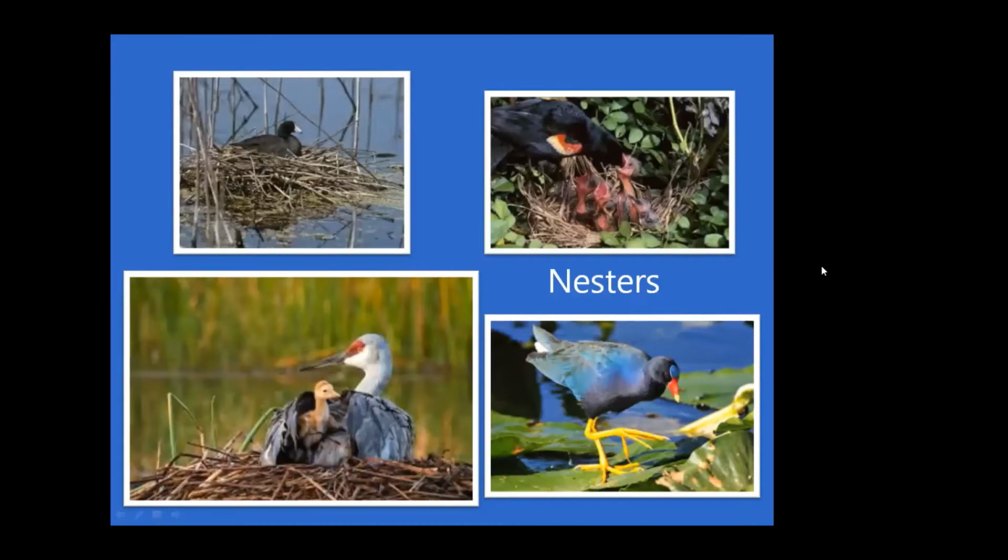So who nests in the pond? Well, not too many birds nest actually in the pond. The red-winged blackbird is going to be up in the reeds, the giant bulrush. The coot and the gallinules will take dead vegetation and build up piles of nests, as will the sandhill crane.